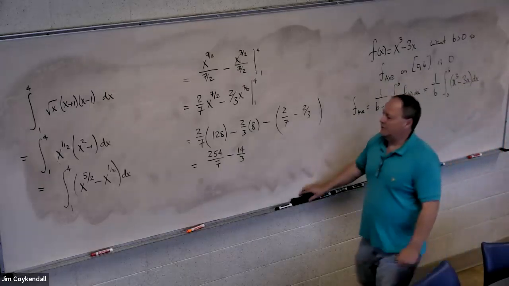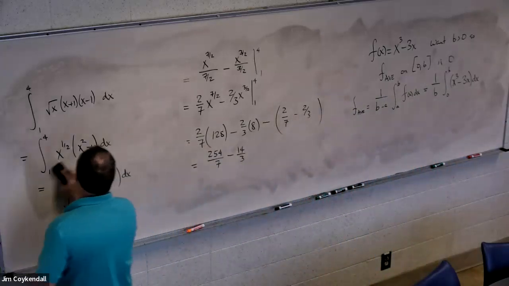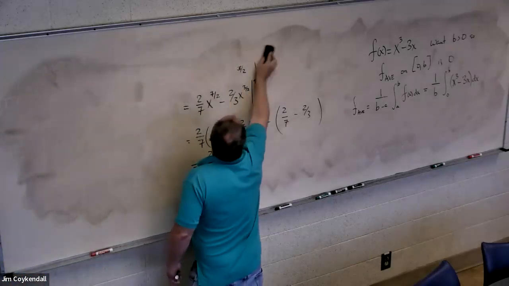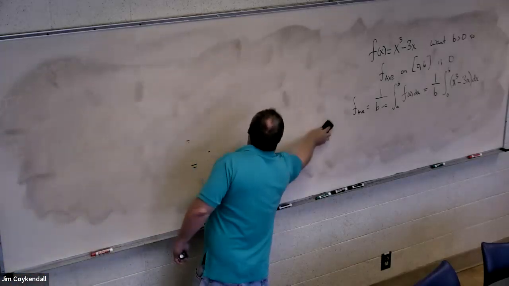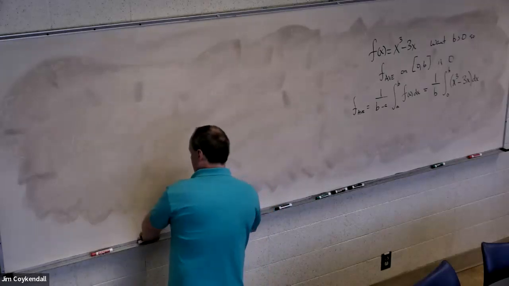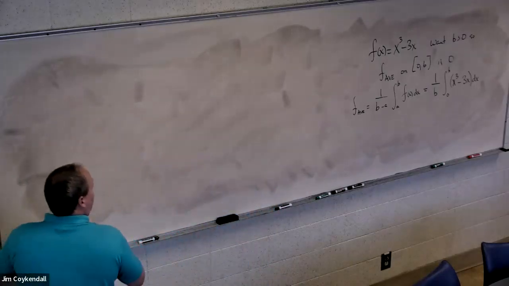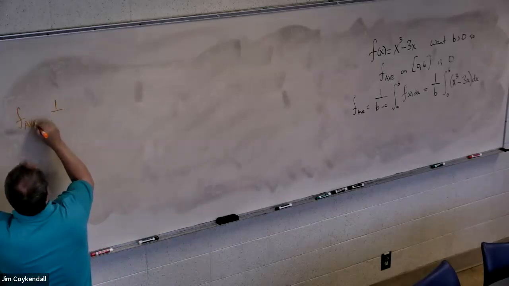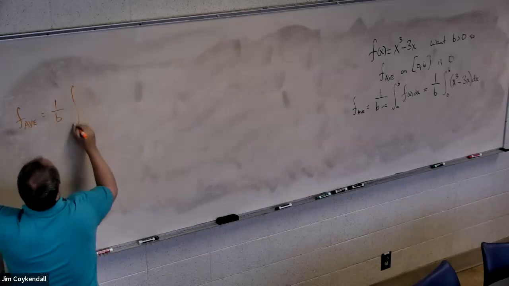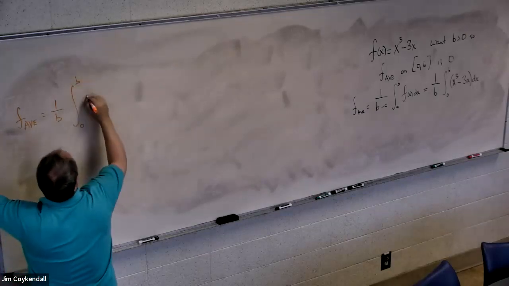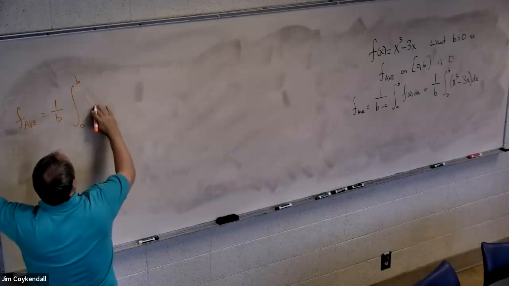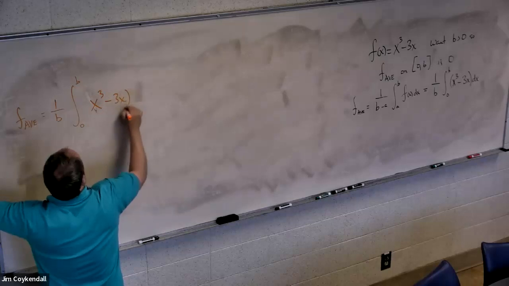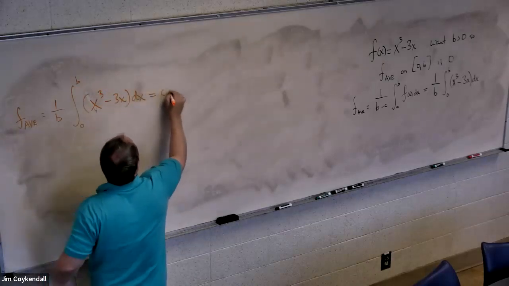So the upshot is this. I want 1 over B, integral from 0 to B, x cubed minus 3x, to be 0.